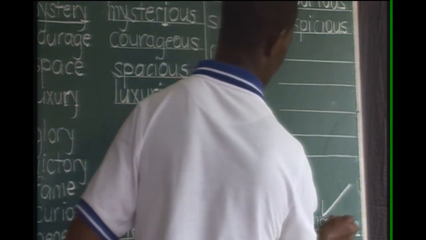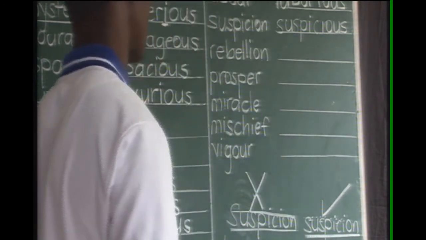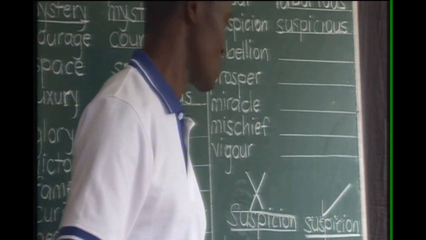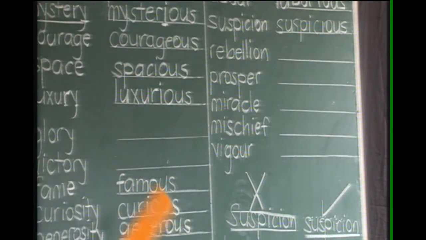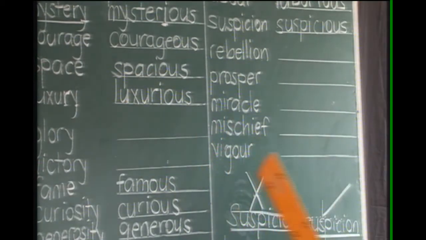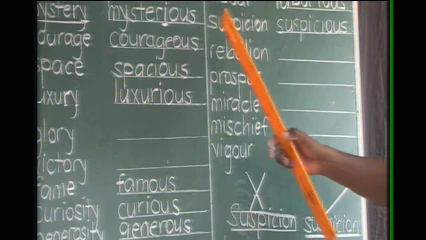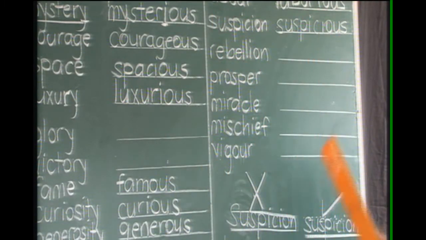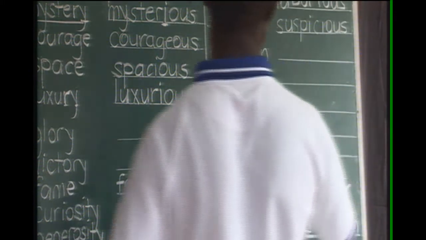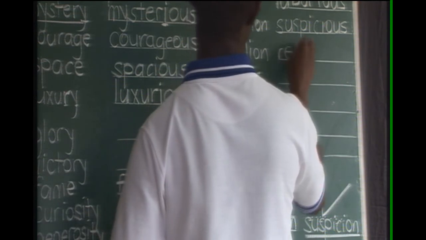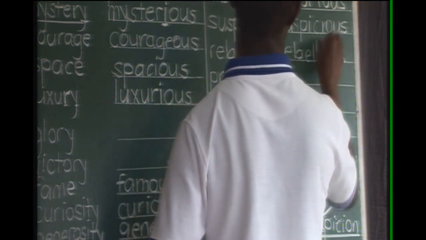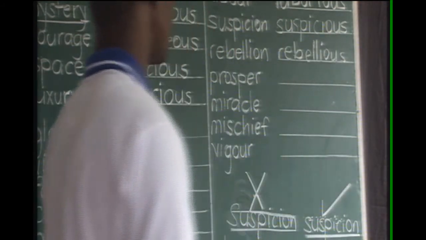S at the beginning especially challenges children. Letter C at the beginning again challenges children. Be careful, handwriting is among the things that are emphasized and followed up in English. Check the suspicion, suspicious. Then rebellion. The adjective is rebellious. Don't forget that double L in rebellious.